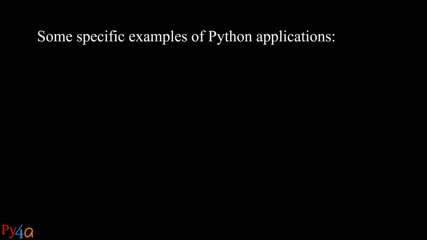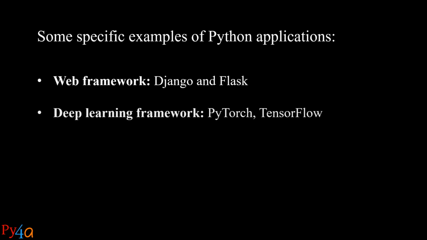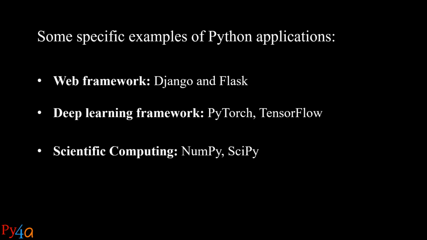Here I would quickly mention some specific examples of Python application. Web frameworks: we know of the popular web frameworks Django and Flask, which are built on Python. We have deep learning frameworks, examples of PyTorch, TensorFlow, Keras, Theano, etc. It is also used for scientific computing, and we find the NumPy and SciPy libraries as examples of this.